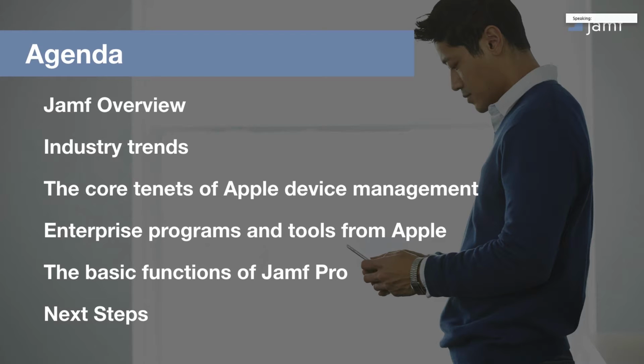Why are we looking at Apple management in the first place? Then we'll break apart the core tenets of what it means to manage Apple devices in an enterprise. We'll take a look at some of the programs and tools that are available from Apple, as well as some look at the basic functionalities of Jamf. And we'll wrap up with some next steps and Q&A.